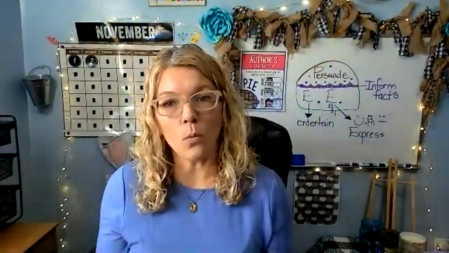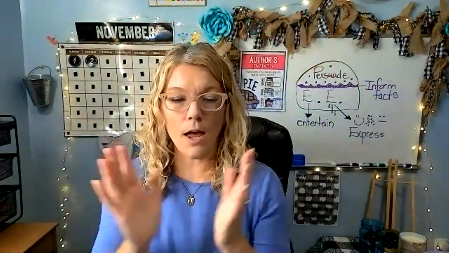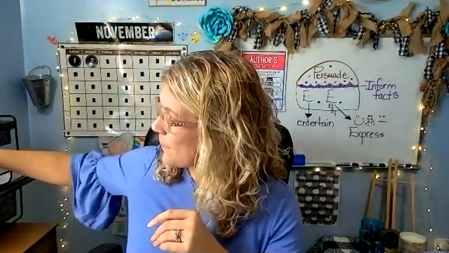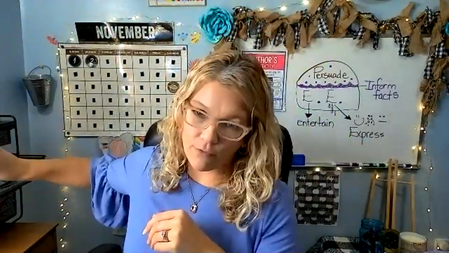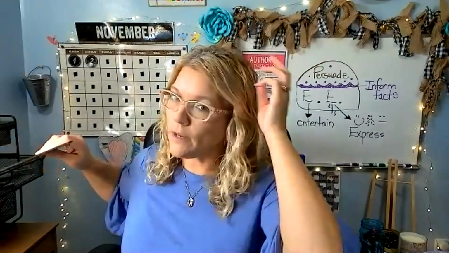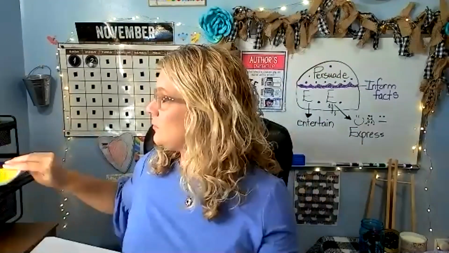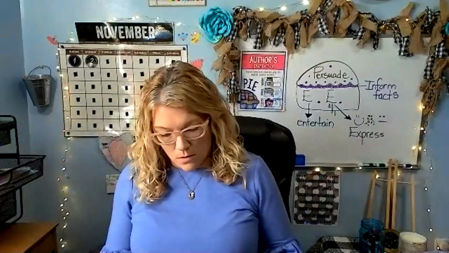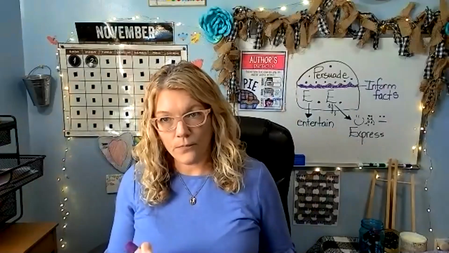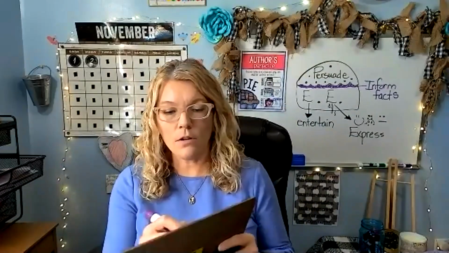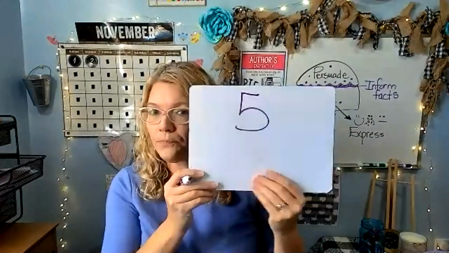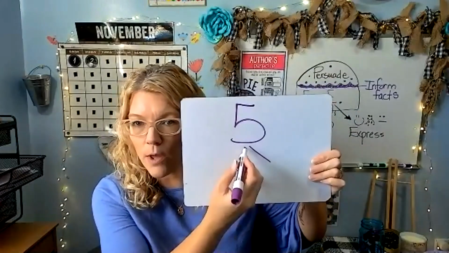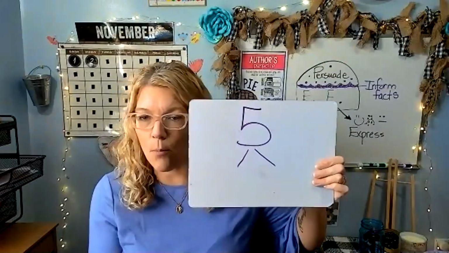Now, to warm us up on your whiteboard, I would like you to simply write the number 5. Underneath the number 5, I would like you to think about ways that you could divide 5 up.